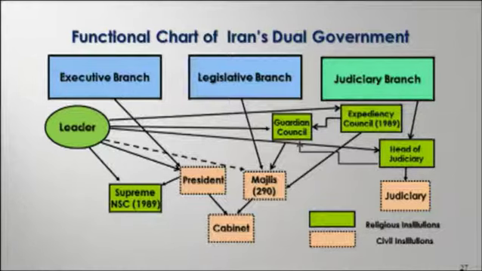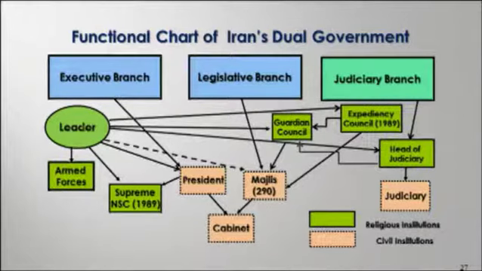The body also is one that is charged with outlining Iran's nuclear program policies. The leader must confirm those policies. Even if they propose it, still the leader must confirm those policies, and in that way the leader has the ultimate approval for any of this.